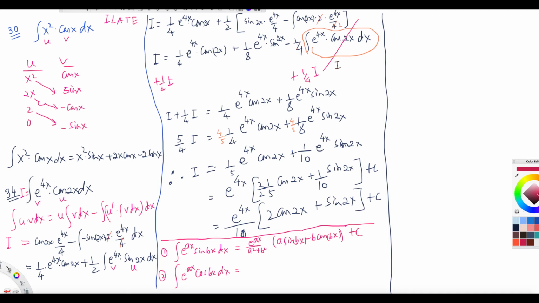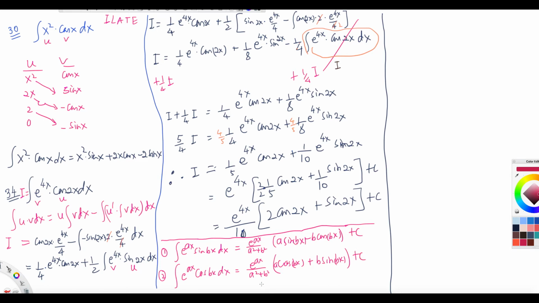But if there is e to the ax times cosine bx dx, then it will be e to the ax over a square plus b square, right? And then it will be a cosine bx plus b sine bx plus c. You see that?